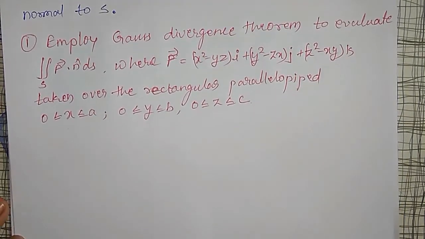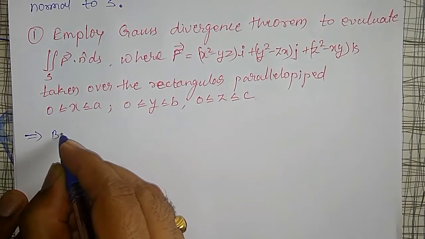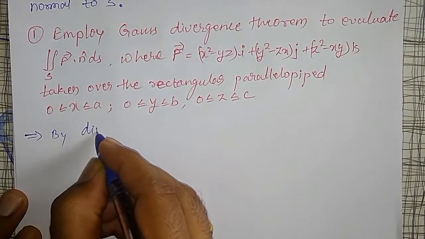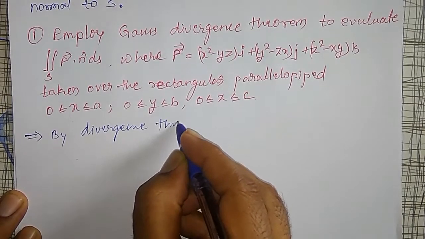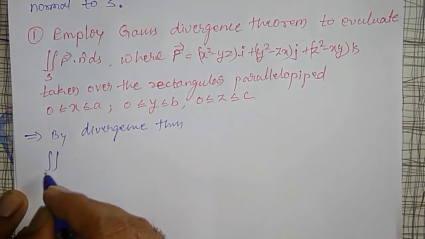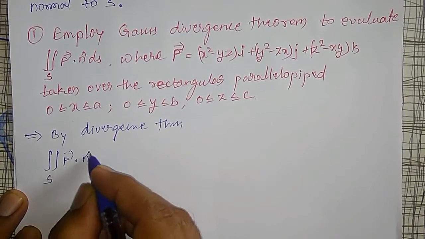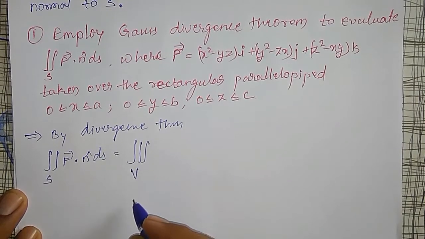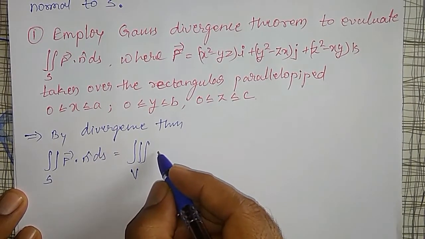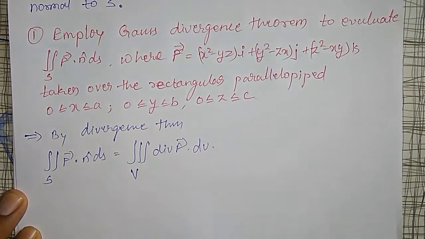According to divergence theorem, by divergence theorem, the double integration over a surface S of F dot n cap dS is equal to the triple integration over a volume V of divergence of F into dV.